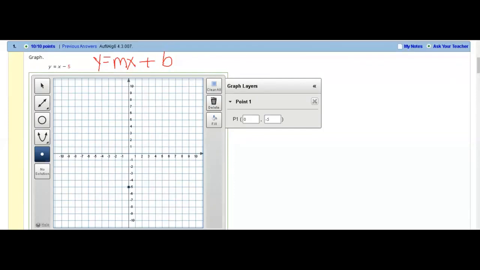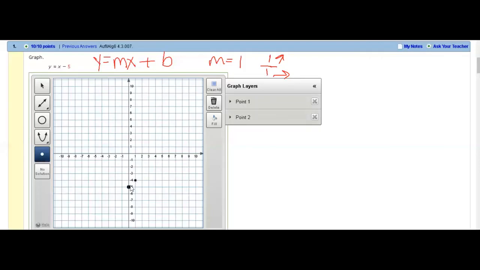So when m equals 1, that can just be 1 over 1. So we'll go up 1 and to the right 1. So from this point at -5 on the y-axis, I'm going to go up 1 and to the right 1 and plot a point there. Okay?